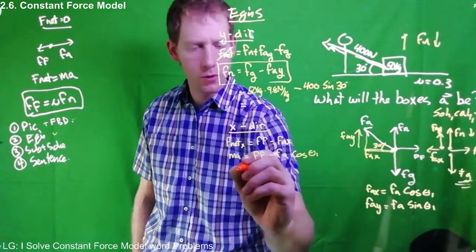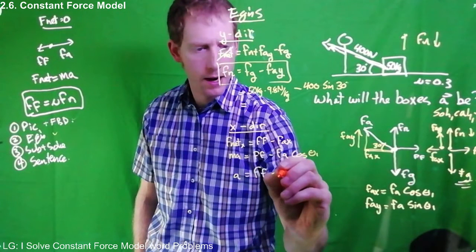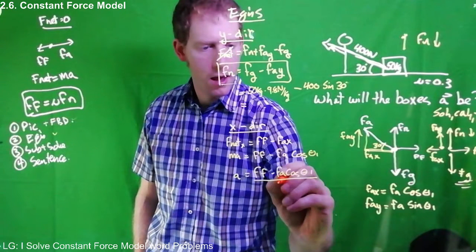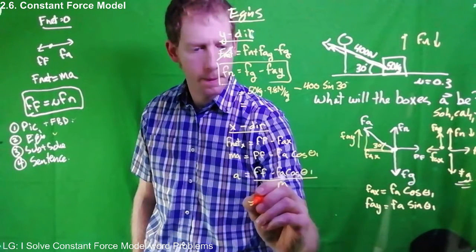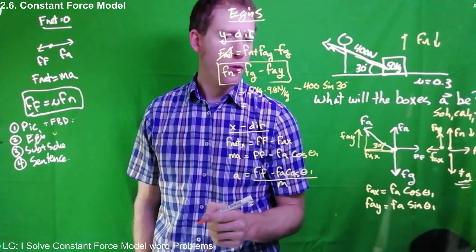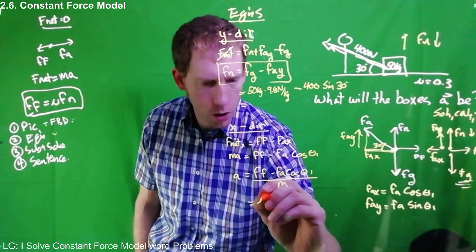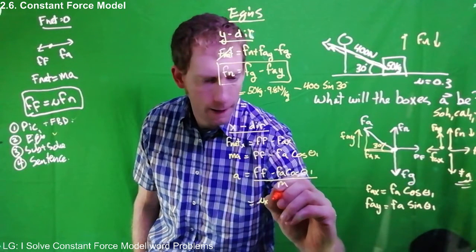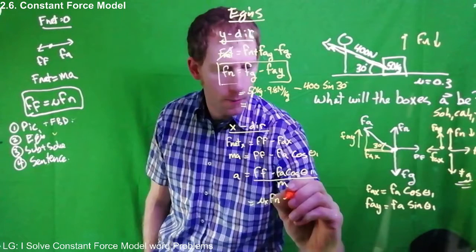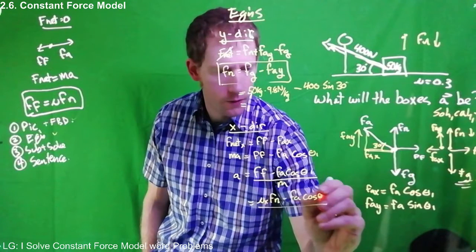Jeremy, you can do this one here. Acceleration is going to be FF minus FA cosine theta, divided by m. We need to find the force of friction. Force of friction is equal to mu K times Fn.